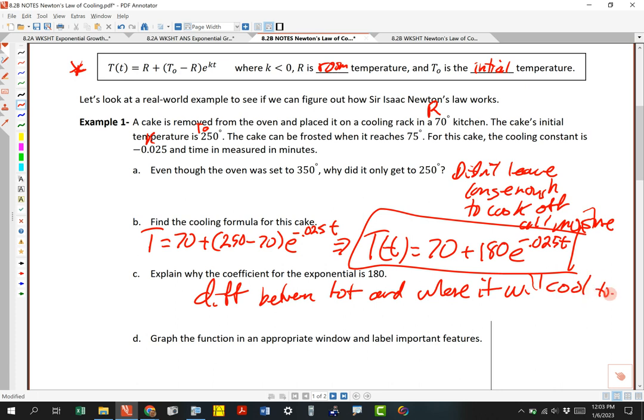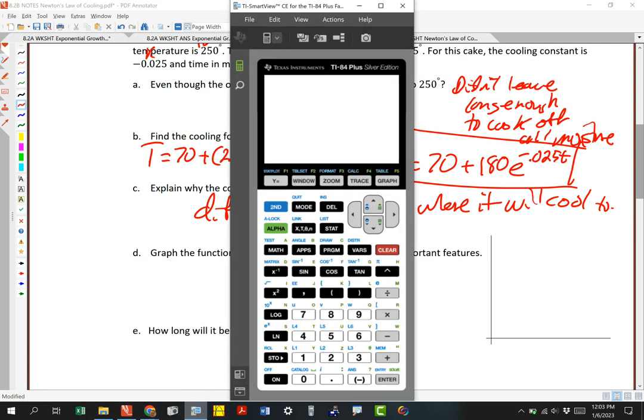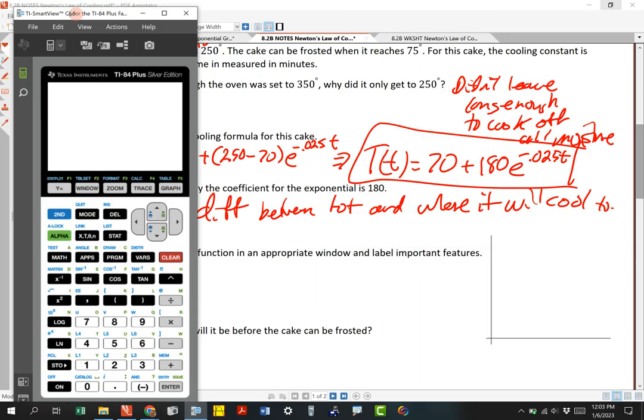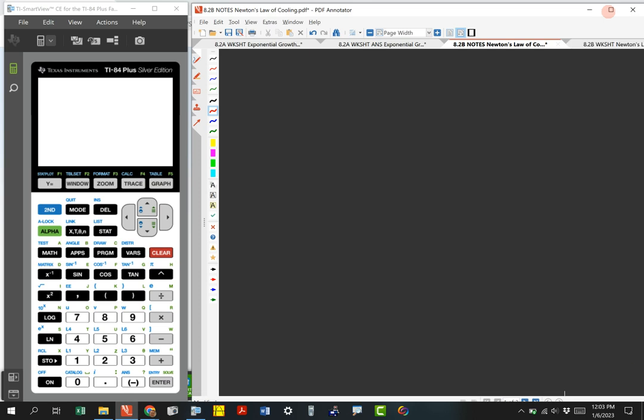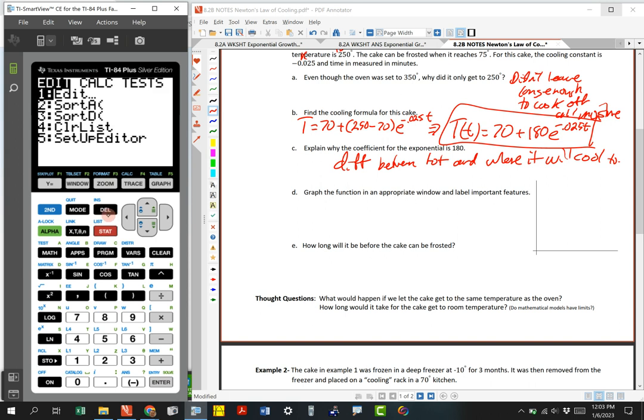Okay? So we're going to graph the function. So grab your calculator. So let's see, we're going to put in 70 plus 180 e. I'm going to delete all that stuff.